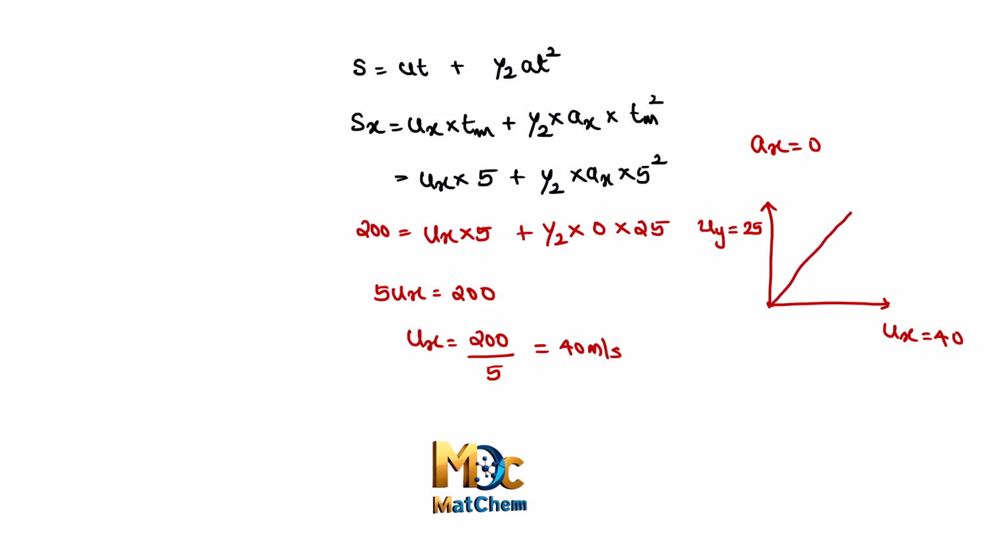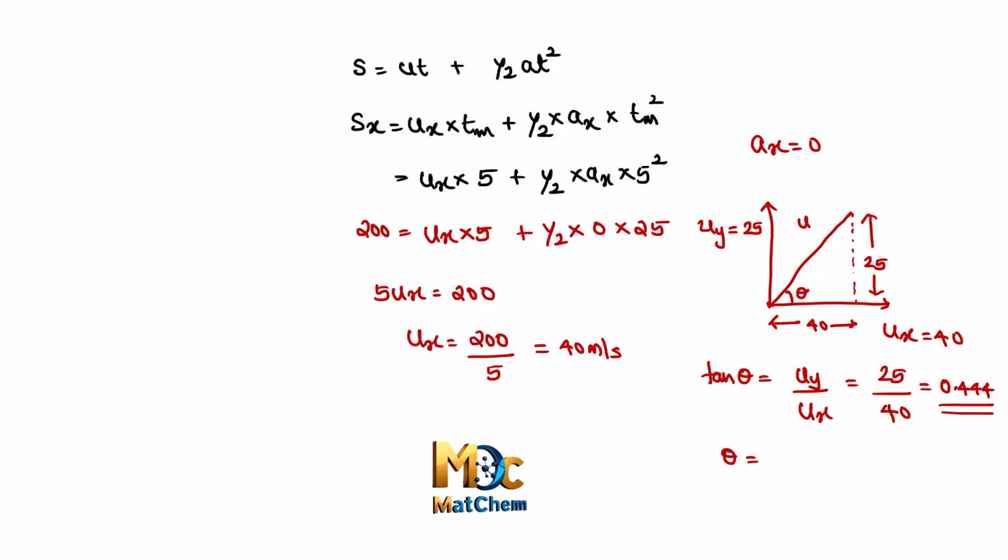Here we have the vector u making an angle theta with the horizontal. The ux value is 40 and uy is 25. Since it is a right angle triangle, with respect to theta, 25 is the opposite side and 40 is the adjacent side. So you can take the trigonometric ratio tan theta equal to uy upon ux, that is 25 upon 40, which is equal to 0.444.